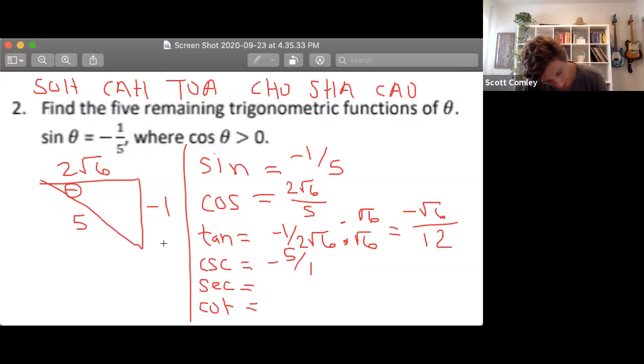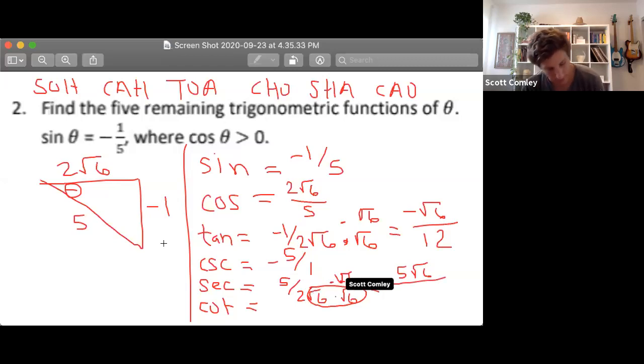Then secant would be 5 over 2 root 6, but again, you can't have a square root in the denominator, so the top is 5 root 6. And the bottom, so when you do root 6 times root 6, you actually end up just getting 6. So it'd be 2 times 6, which is 12. And then finally cotangent. Well, we know that tangent is -1 over 2 root 6.